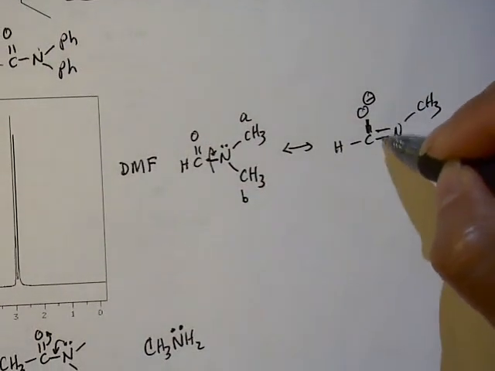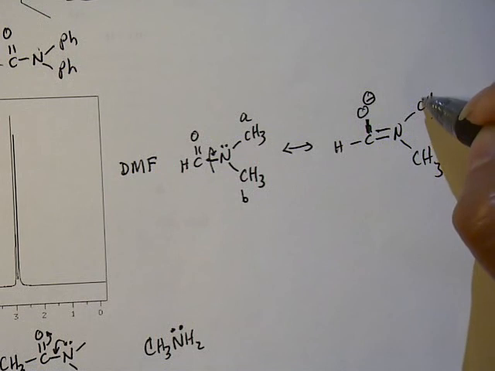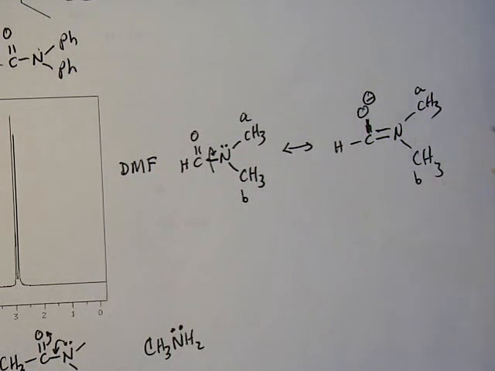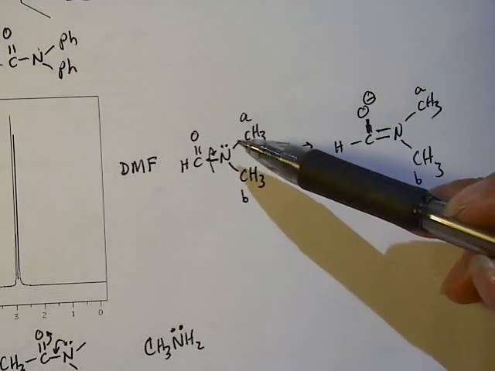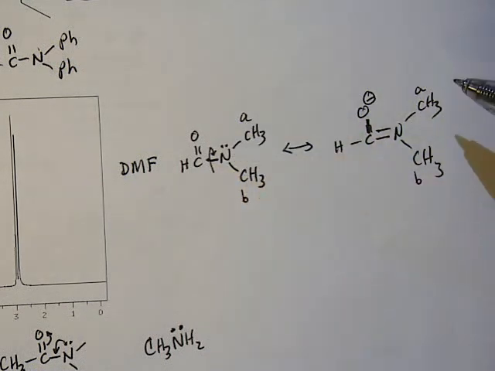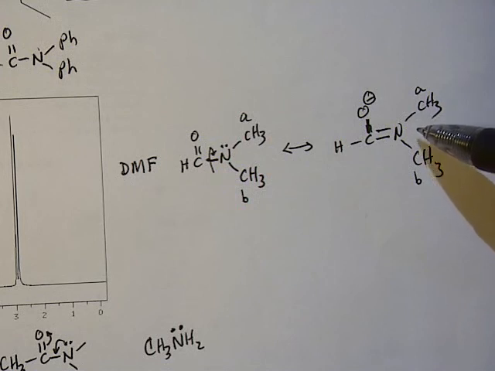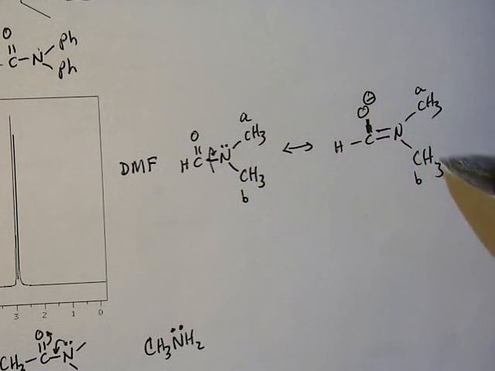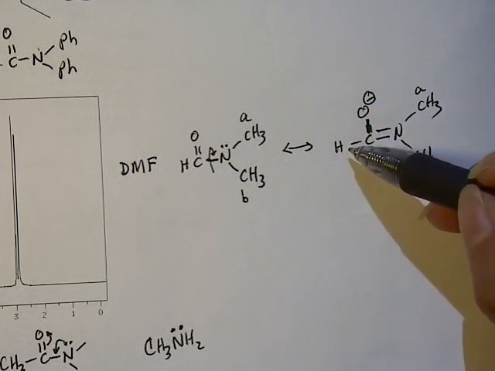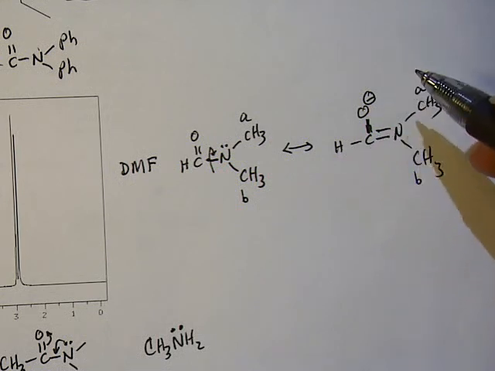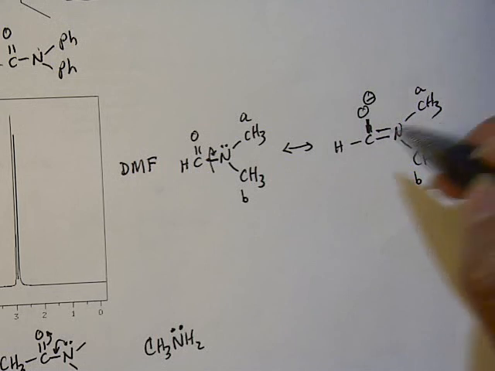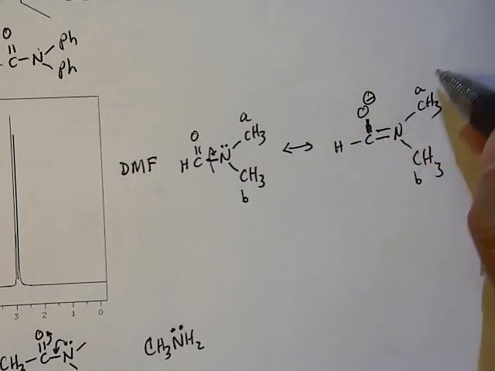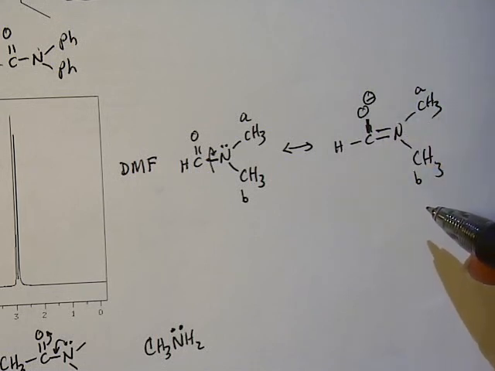So because of this double bond character, this methyl group and this methyl group are showing up as two different methyl groups because they're not freely rotating about the CN bond. So it's almost like looking at an alkene in a way. This methyl group is cis to O minus, but this methyl group is cis to hydrogen. So they're going to have slightly different environments, right? And so there's a barrier to rotation causing these two methyl groups to be different.